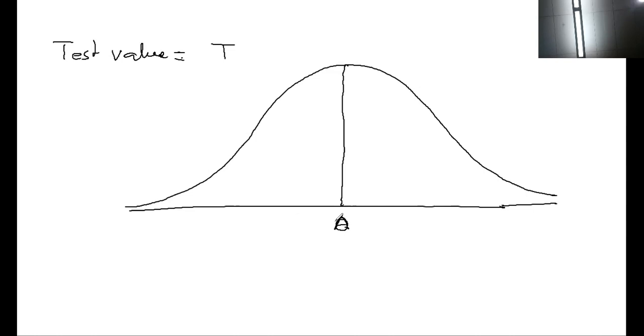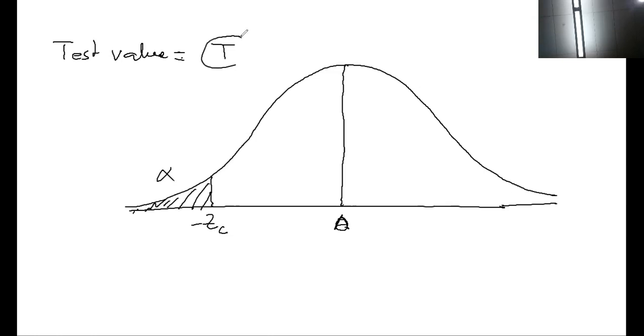Let me take the example of a left tail test. We know that the level of significance is alpha. So we will set that what is Z, so that the area to the left of Z is alpha. This is what we call the critical value.